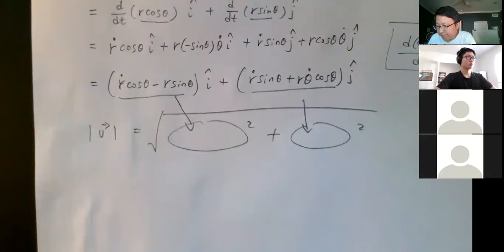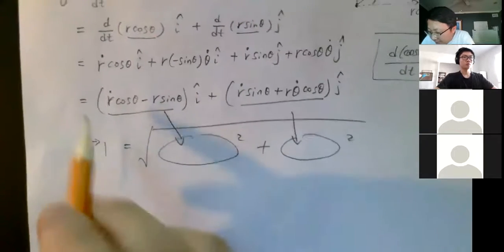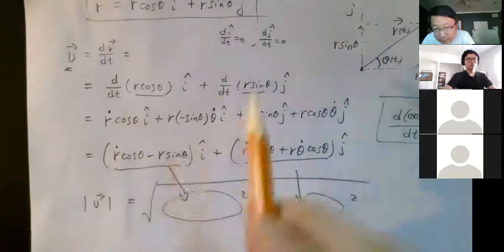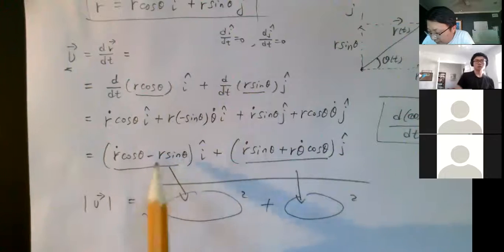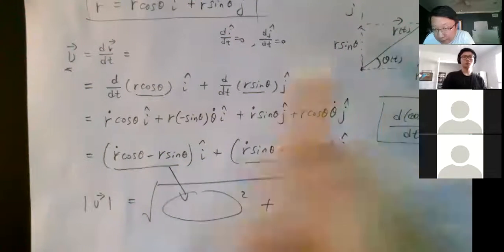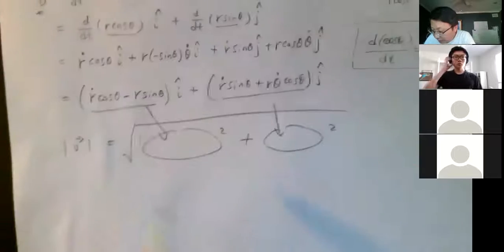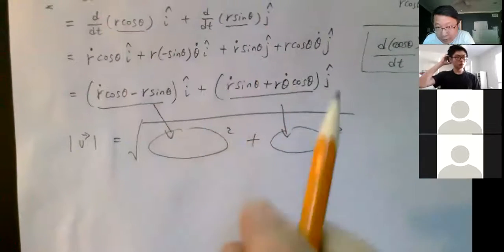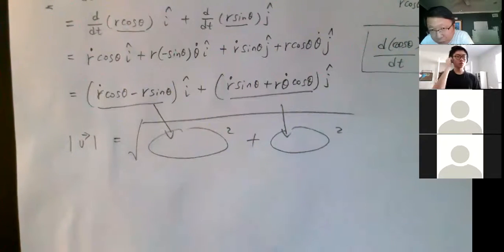Okay. So this is a velocity, right? From this based on the polar kind of characterization. So when you describe the circular motion, you have to use this one. Why?